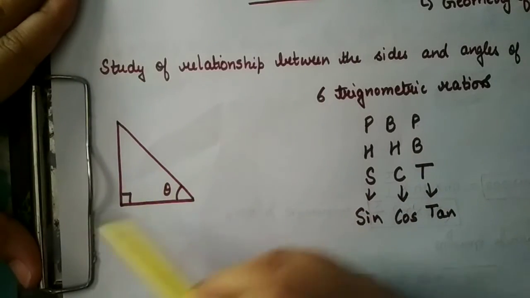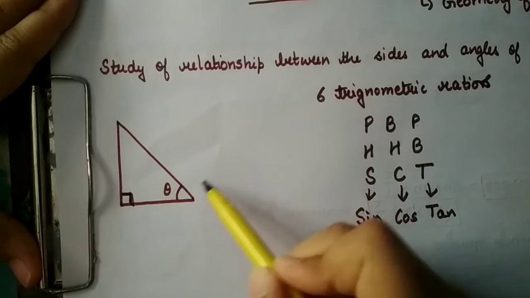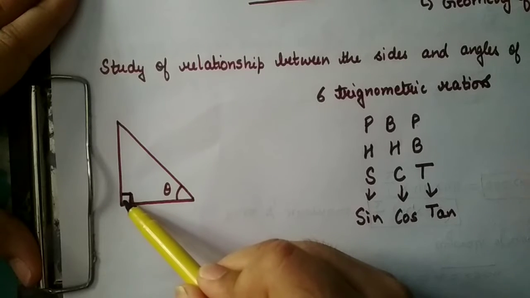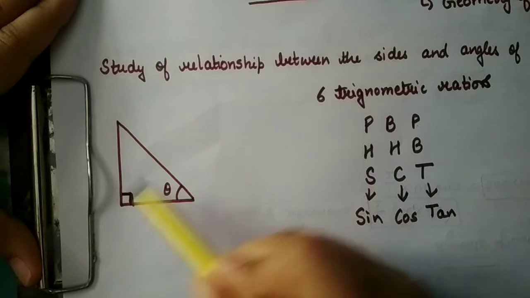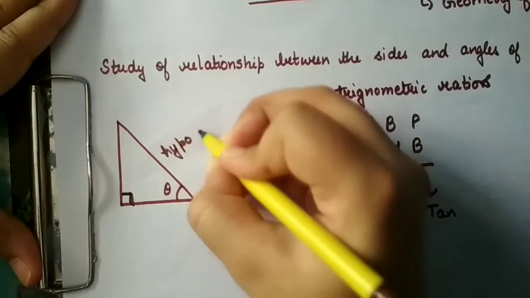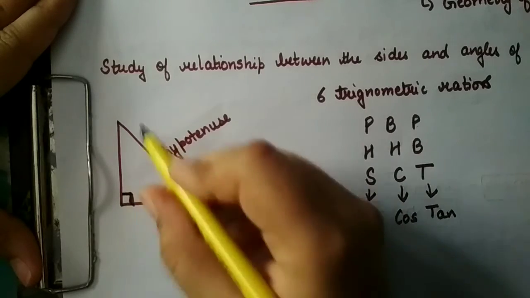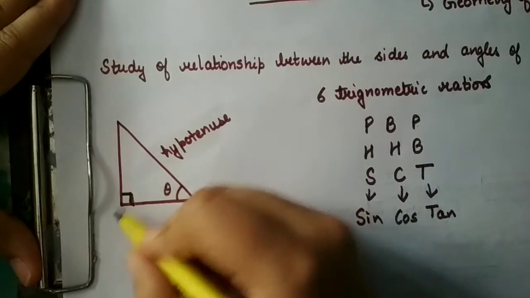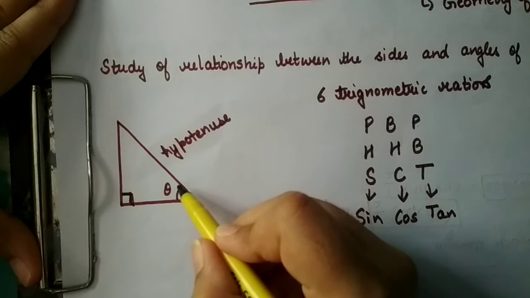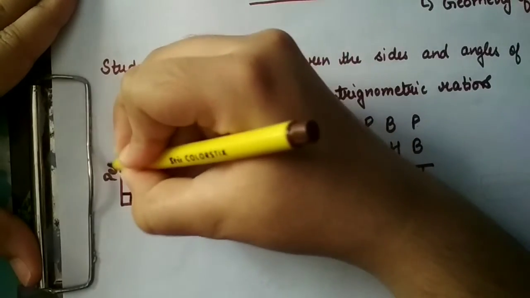See, this is a right angle triangle and this angle is 90 degree and this angle is theta. Now the side of the triangle that is opposite to the right angle is called the hypotenuse, and the side of the triangle opposite to angle theta, this side, is called perpendicular.